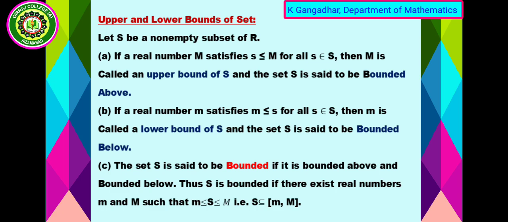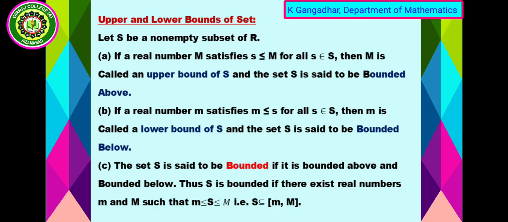Next definition: if a real number m satisfies m less than or equal to s for all s belongs to S, then m is called a lower bound of S and the set S is said to be bounded below. So s less than or equal to m, then m is called an upper bound; s greater than or equal to m, then m is called a lower bound.